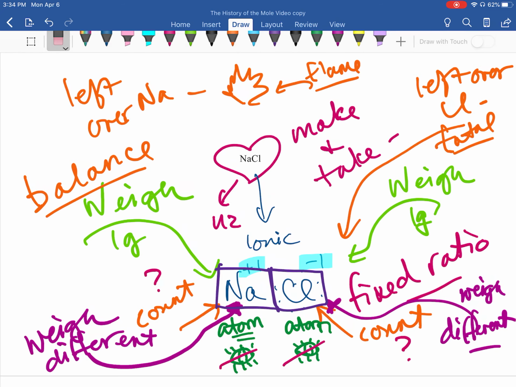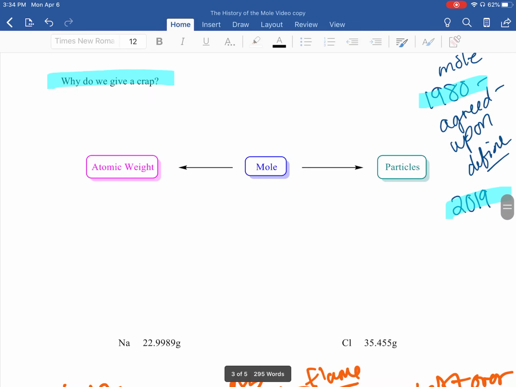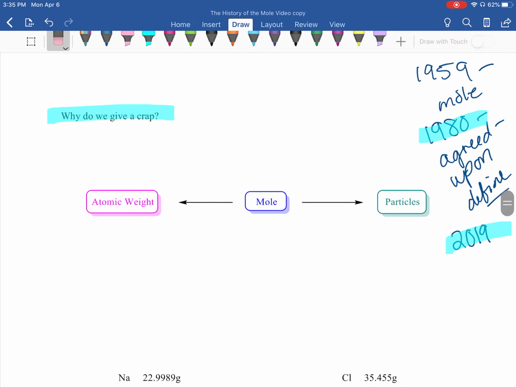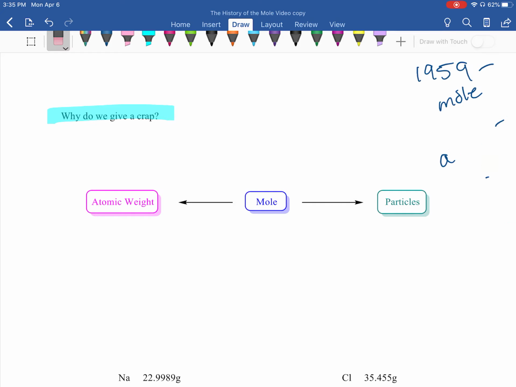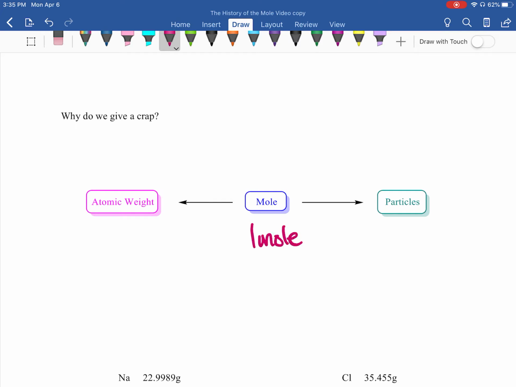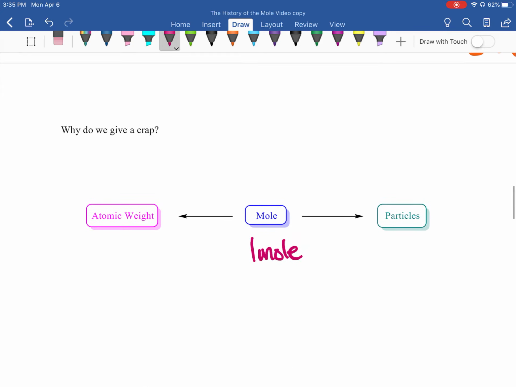Well, let's go back up here and let's look at our definition for our mole. Okay, I'm just going to erase this part. Now let's give our official definition. Starting in the 80s, let's define a mole. A mole has had many definitions, but this one and this idea really stuck.